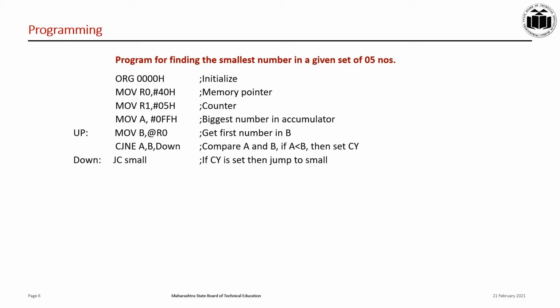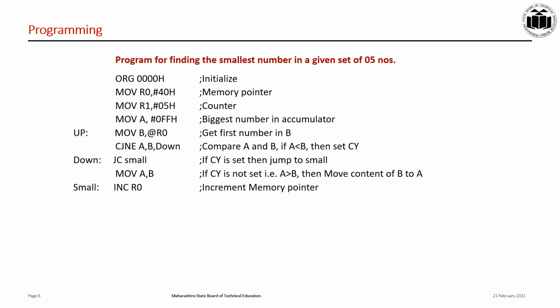If the carry flag is set, it means the content of the accumulator is less than the content of register B. So it will jump to the label small for further comparison. If the carry flag is not set, that means the content of the accumulator is greater than the content of register B. So we will move the smaller number into the accumulator by using the instruction MOV A, B.